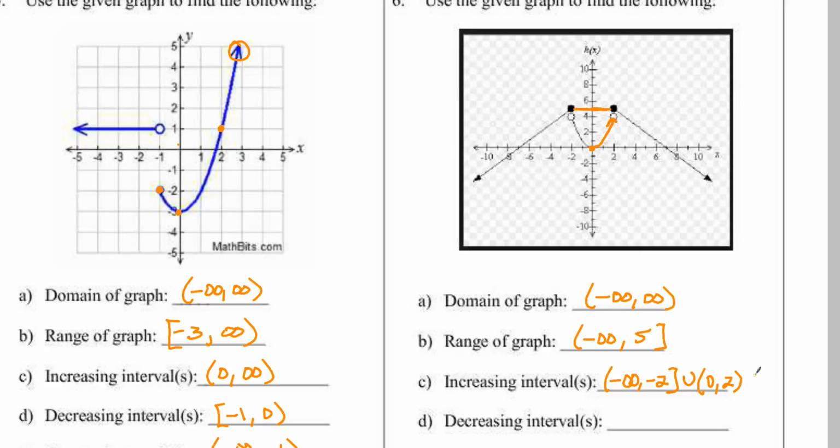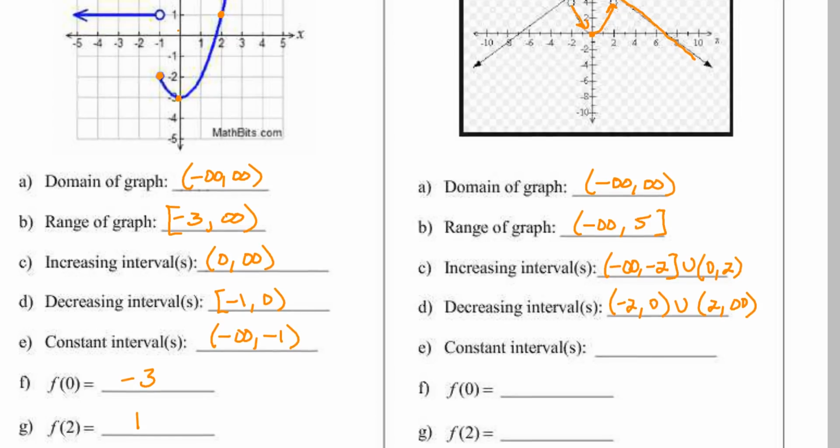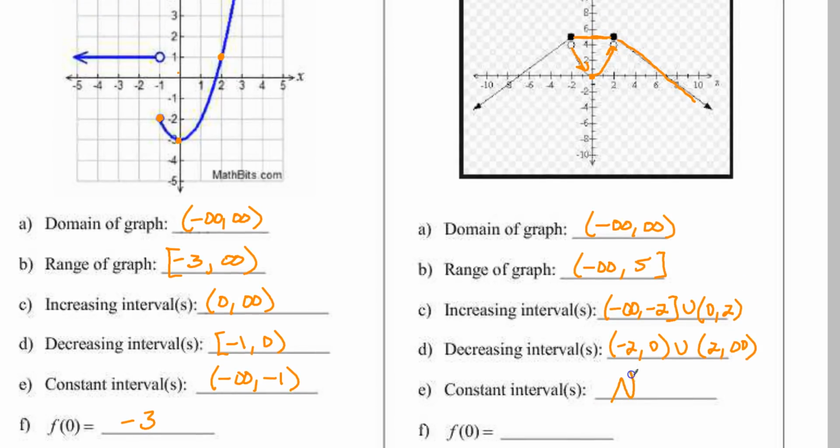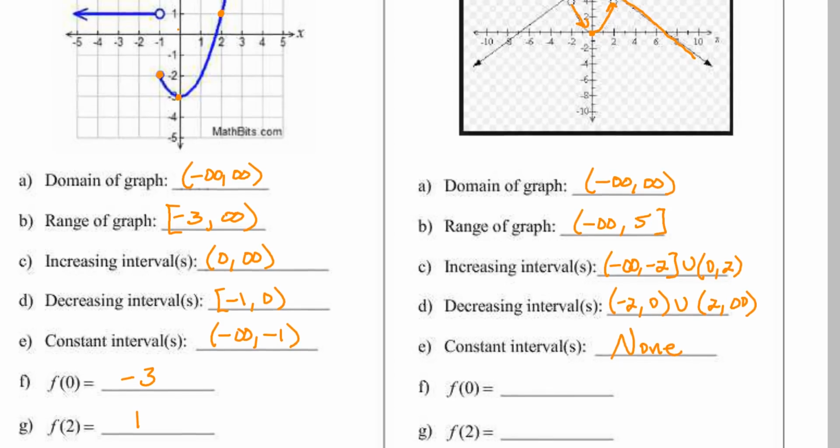Decreasing intervals, so the graph is going down from negative 2 until 0, and that's the union with the other part where it's going down, which is from positive 2 till infinity. Again, looking at the graph, constant intervals, there are none. Make sure you write none. Don't leave it blank. Don't write 0.